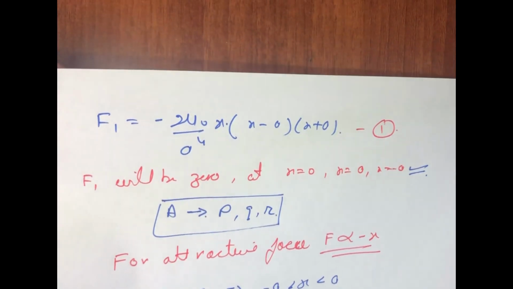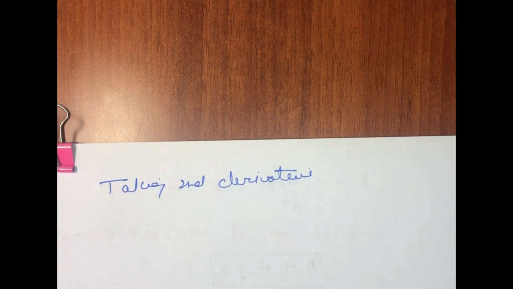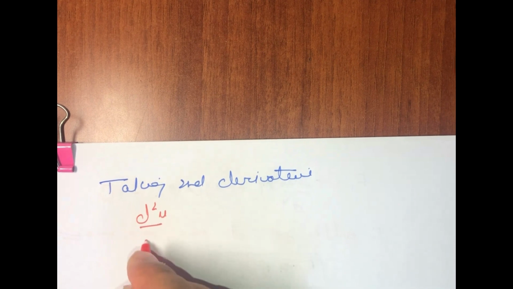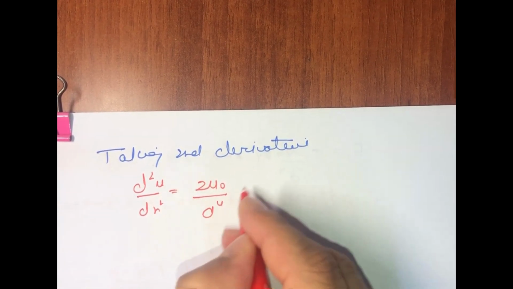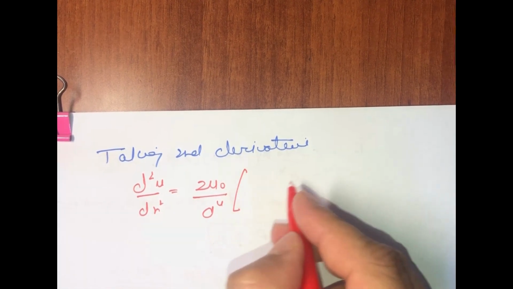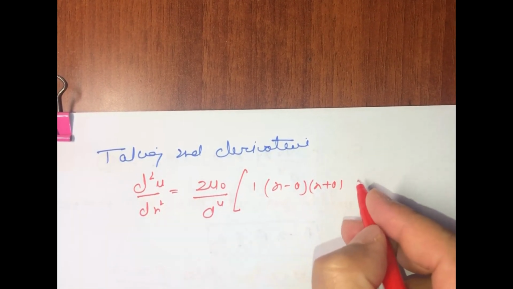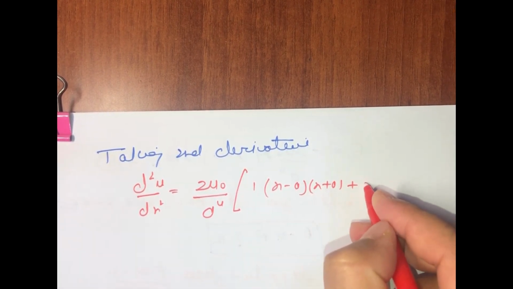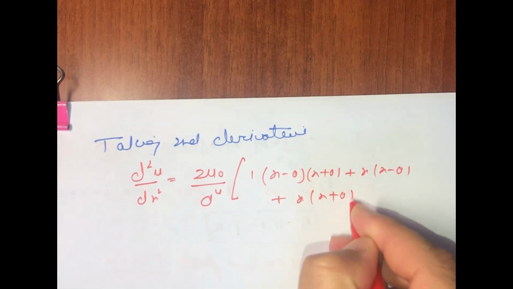Taking the second derivative, we can say that d2U upon dx square will be equal to 2U naught divided by A raised to power 4, and we get (x minus a)(x plus a) plus x into (x minus a) plus x into (x plus a).